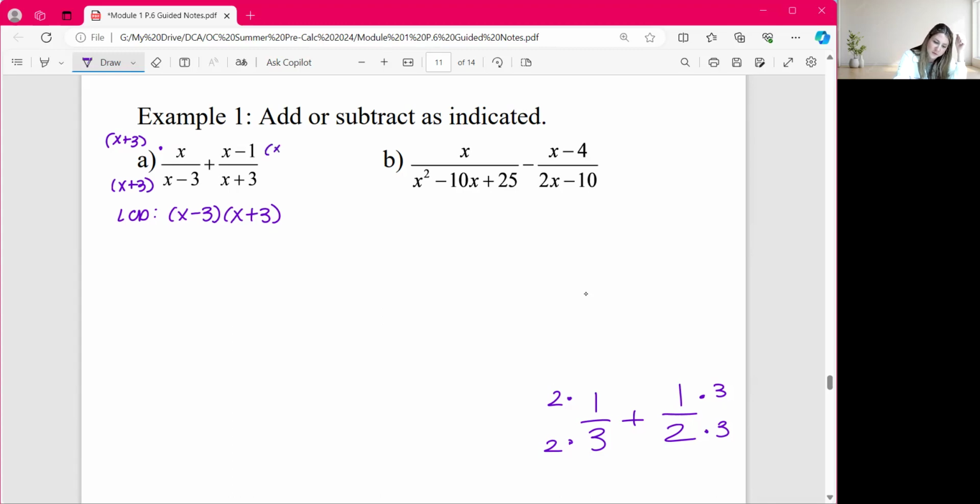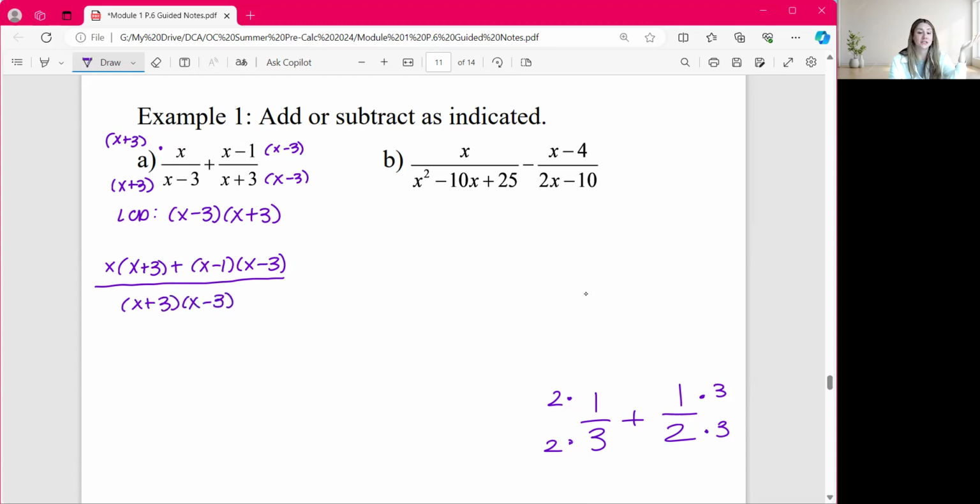And I'm going to multiply this one by x minus 3. Multiply by what it's missing. So then I'm going to have in the numerator x times x plus 3 plus x minus 1 times x minus 3. And I'm writing this as one big fraction now, over my common denominator x plus 3, x minus 3. And then we'll start to simplify.